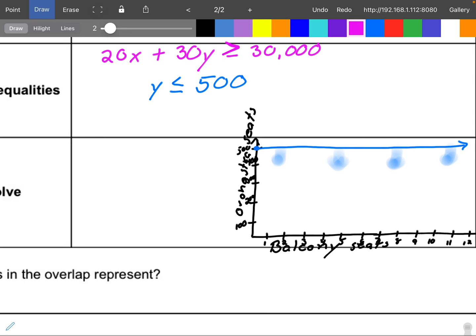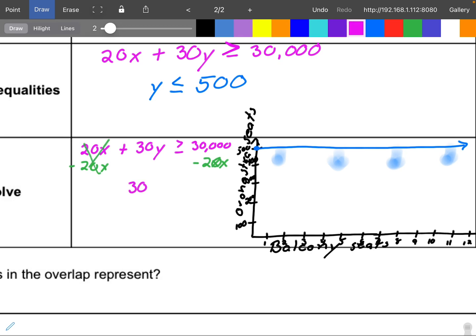So we have 20x plus 30y greater than or equal to 30,000. So first thing we want to do, get rid of that 20x. Do the same thing on the other side. Those are gone.